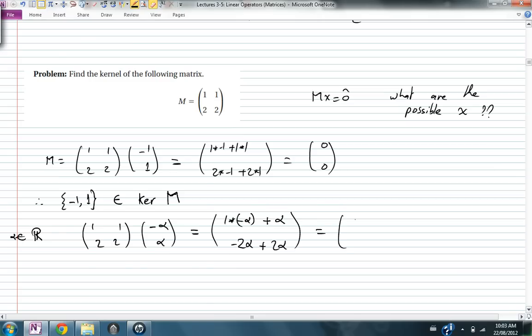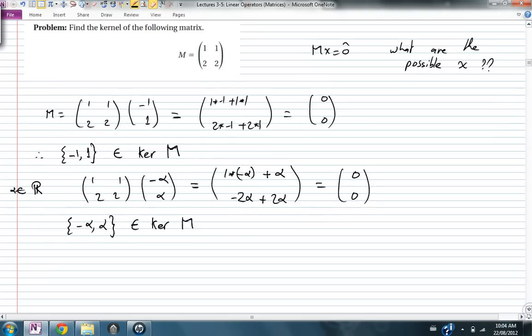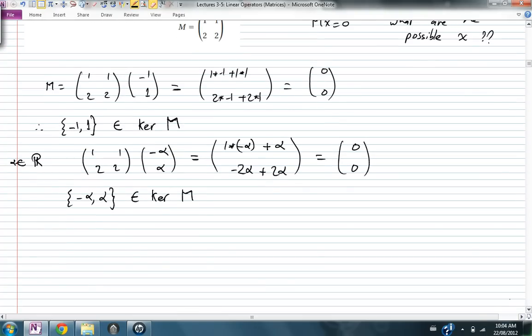Again, this will give me 0, 0. In fact, negative alpha and alpha is in the kernel of M. And you're going to find that the kernel of M is equal to the vector x, where x is the vector made out of negative alpha, alpha, and alpha is any real number.